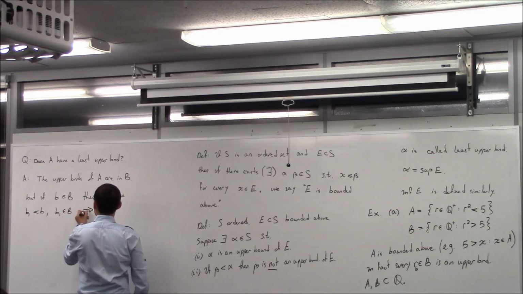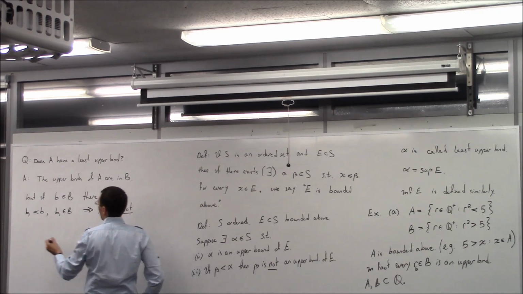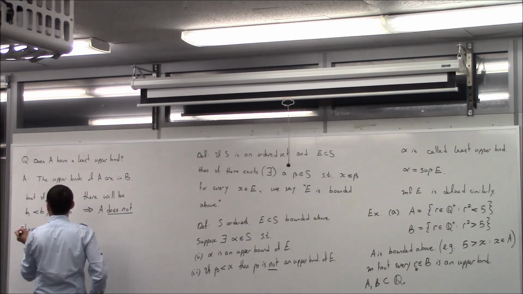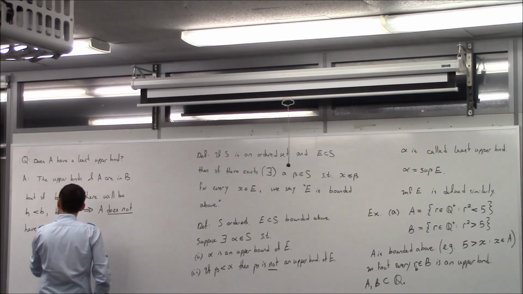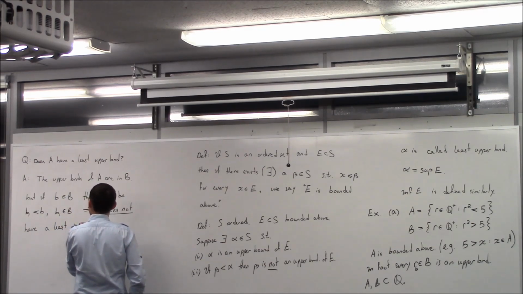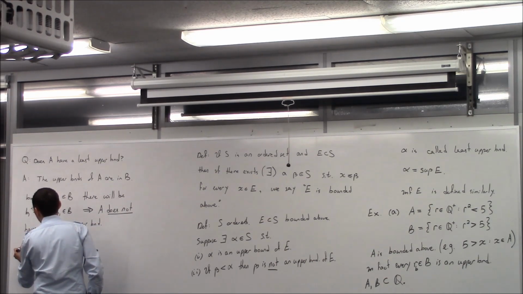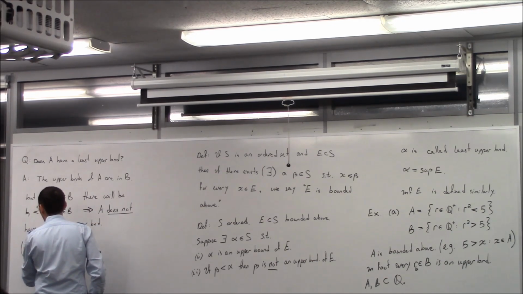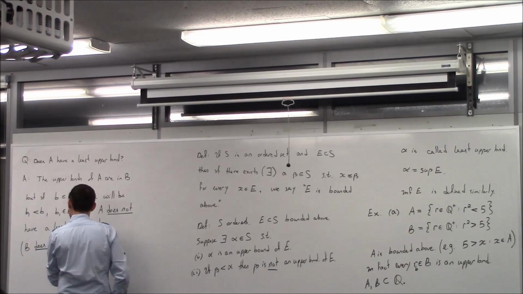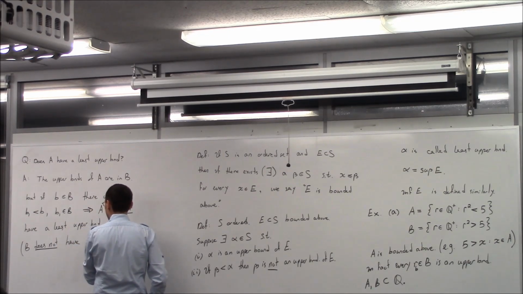So that implies that A does not have a least upper bound. You can also say that B does not have a greatest lower bound.